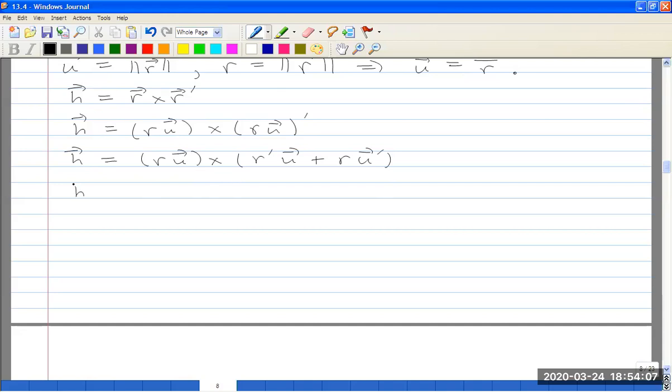So this is equal to r r prime, by the properties of the cross product I'll bring the r and r prime out in front, times u cross u, plus r squared u cross u prime.